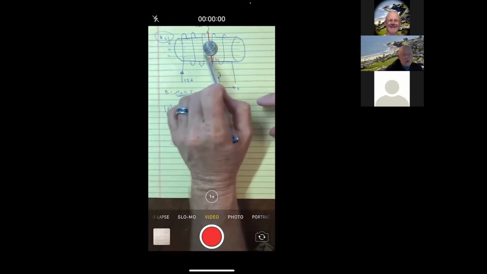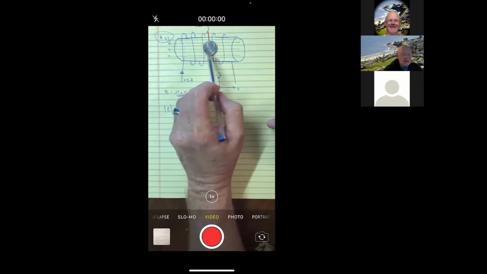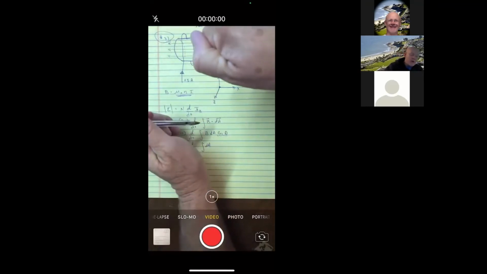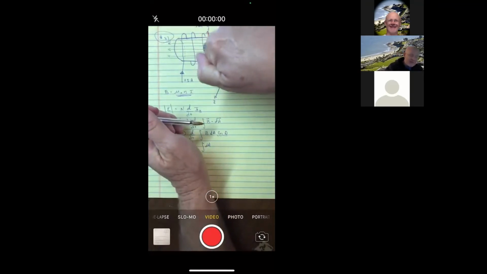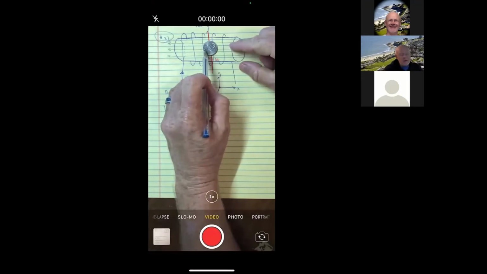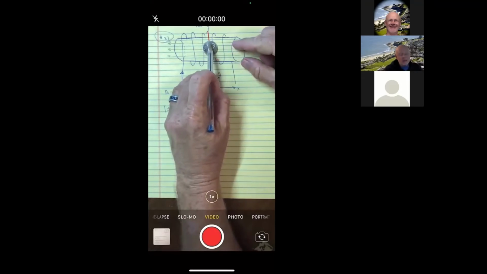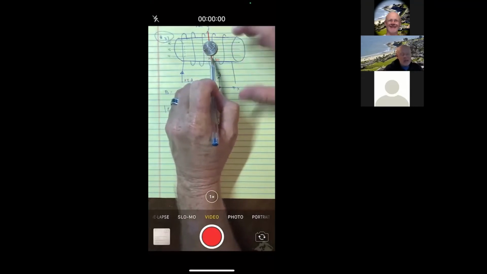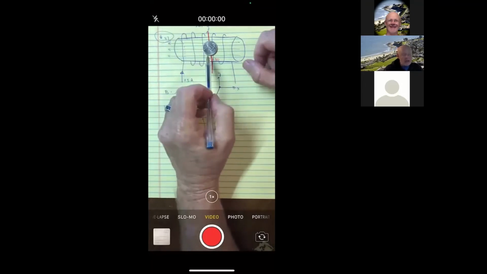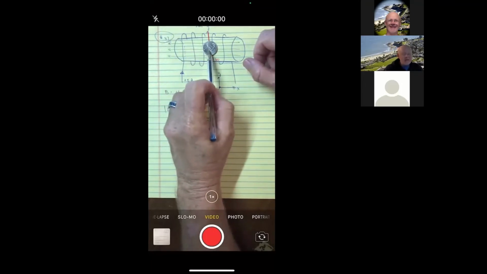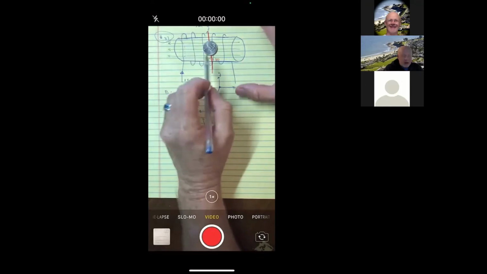But let's take this quarter rotation and notice then that the area vector now would be going down into the paper. And it would do that for every section of this plane in the coil. And so the angle would be 90 degrees between the magnetic field and the area vector for every little piece.